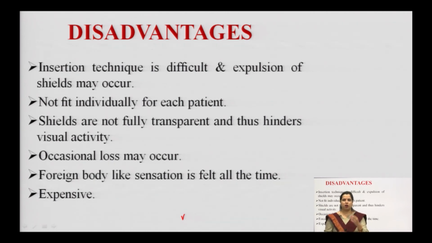If you put something inside the eye which is not a natural part of the eye, you may always feel that you have some foreign particle, or that you have something inside the eye which is causing irritation.